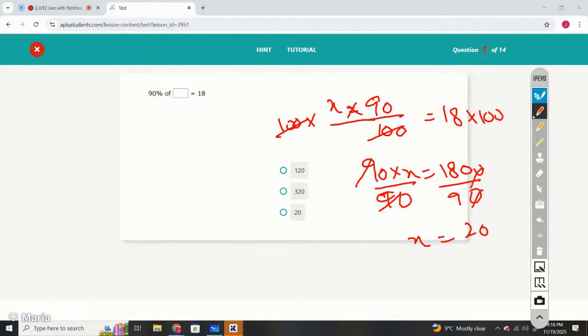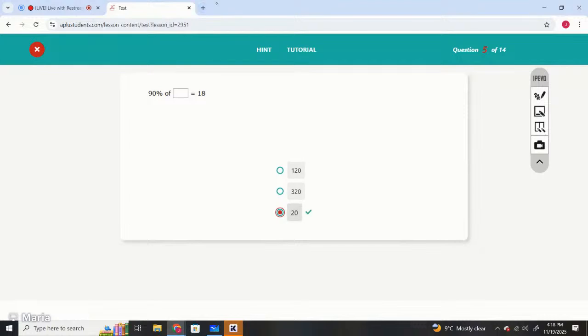That means 90% of 20 is 18. That is 20. Option number 3 is the correct option.